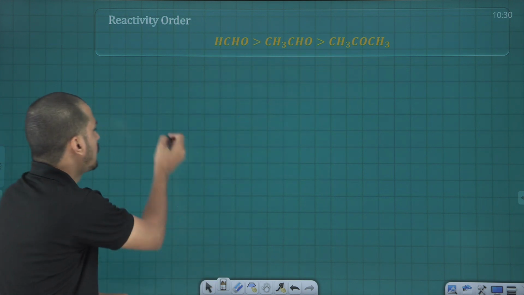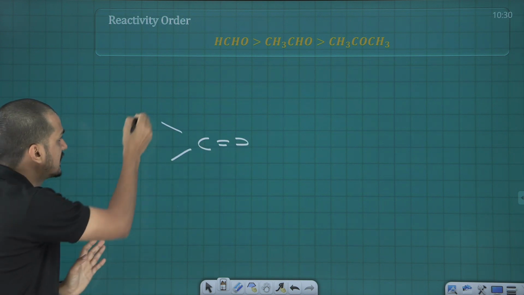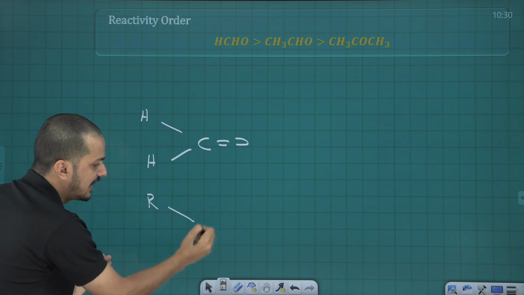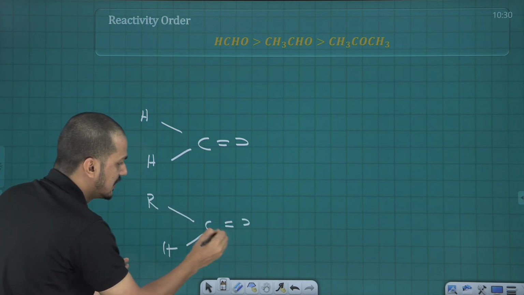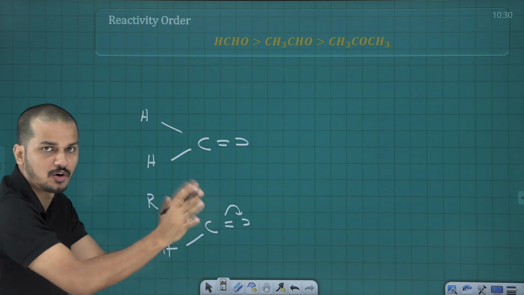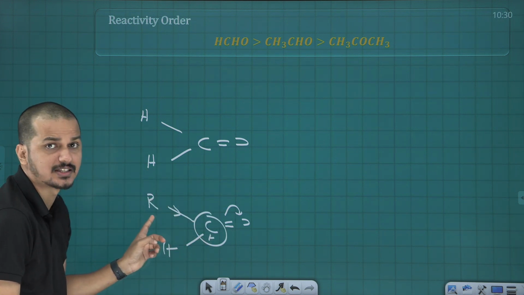Why? Because in formaldehyde, on the carbon there is H, and here also H. If it is any other aldehyde, the R group is an electron donating group, so the positive charge on the carbon will be reduced by the alkyl group.